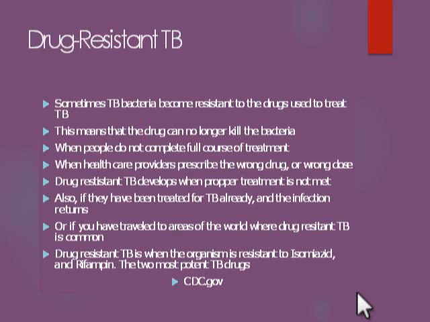This can also occur if healthcare providers prescribe the wrong drug or the wrong dose, because as I said, TB can be all over the body, and the healthcare provider should make sure that they're prescribing the right form of drug. And drug-resistant TB develops when proper treatment is not met.